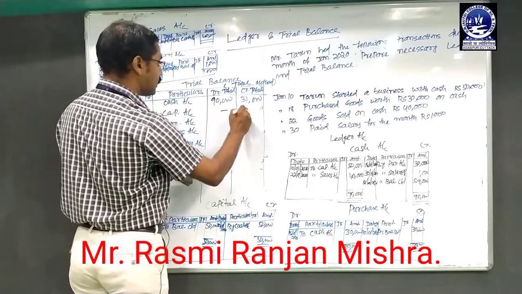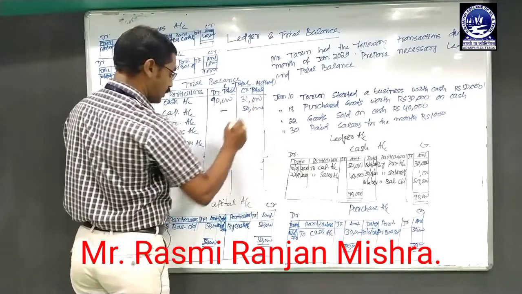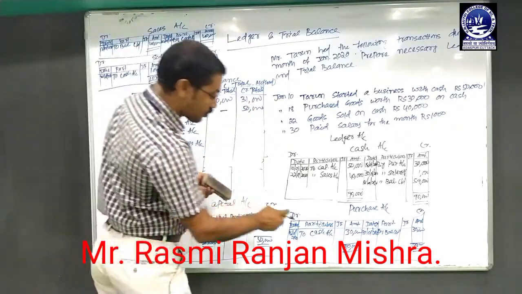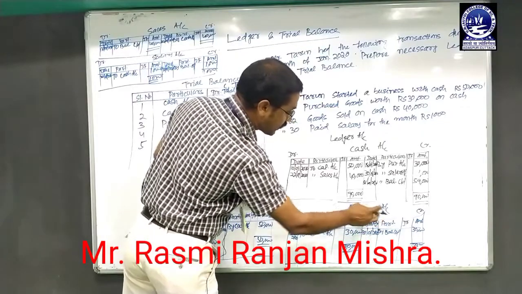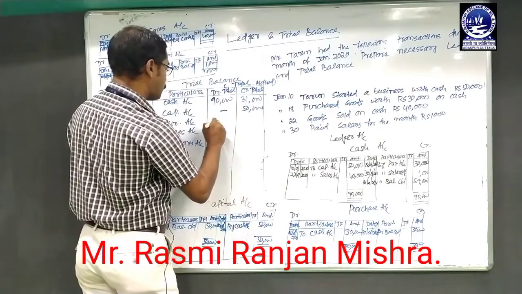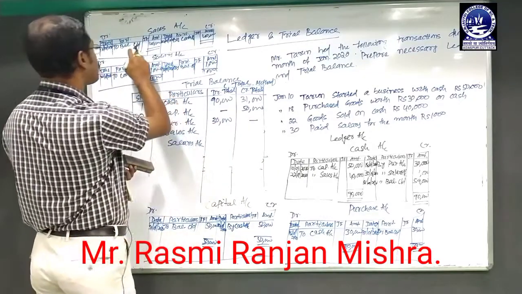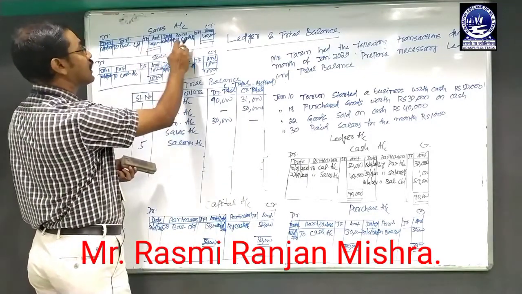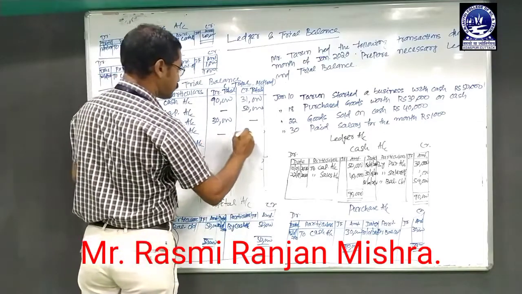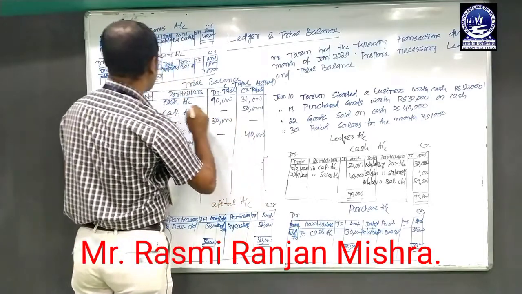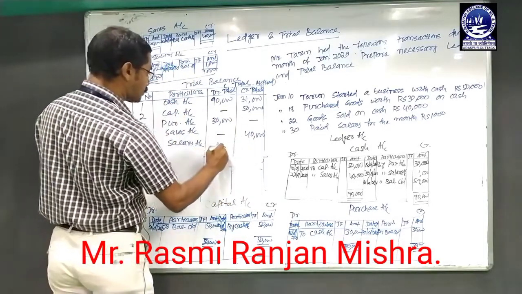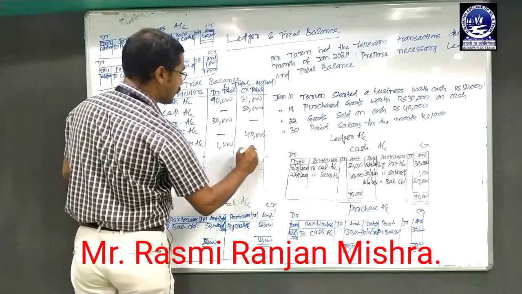Then next one is your purchase account, the debit total 30,000 but credit total is nil. Then the sales account, the debit total nil, credit total 40,000. And the salary account, the debit total 1,000 and a credit total nil.